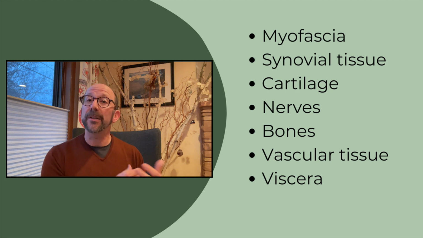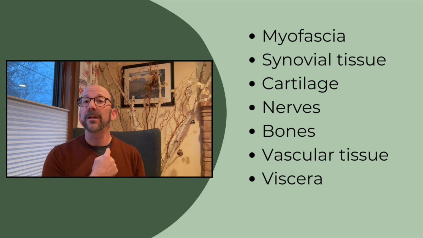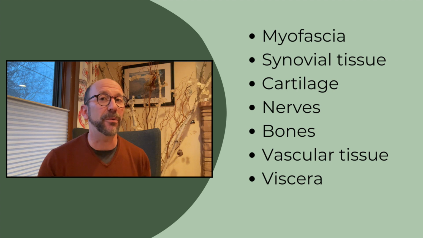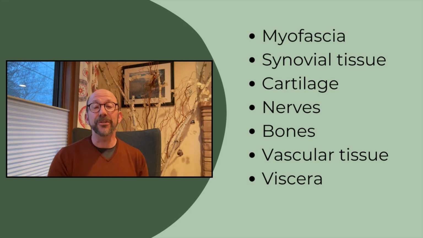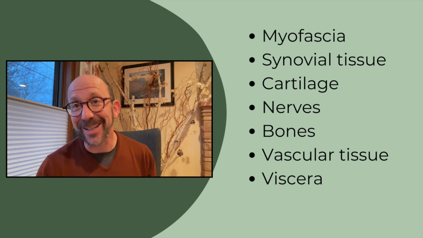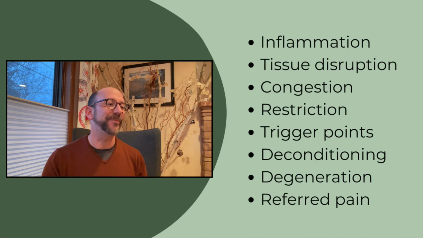We also have, as mentioned before, the labrum in the glenoid. That's cartilaginous. And we just have the plain old hyaline articular cartilage in the sternoclavicular, acromioclavicular, and glenohumeral joints, all important. We've got nerves. Of course, we've got bones. We've got vascular tissue, arteries, veins, and lymphatic tissue. And then we have viscera.